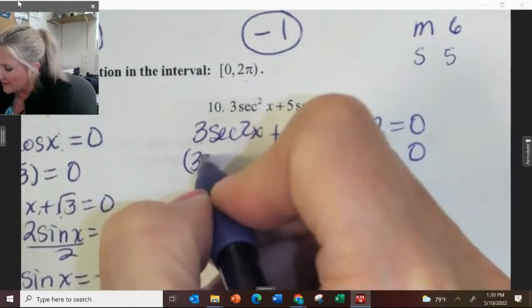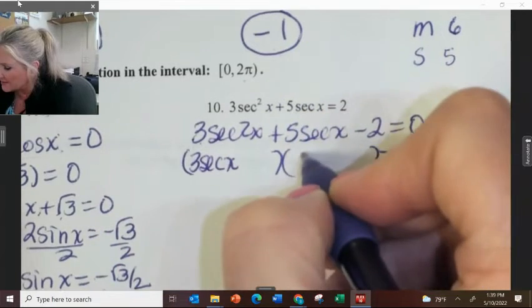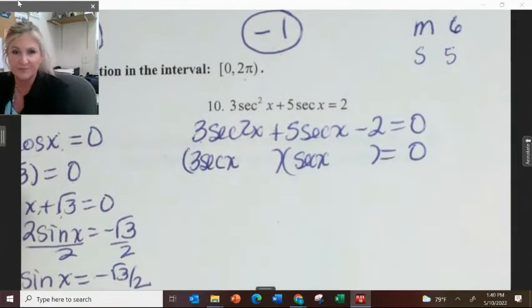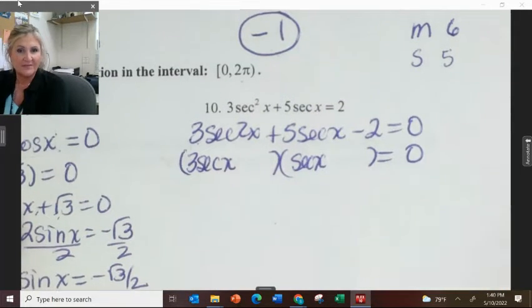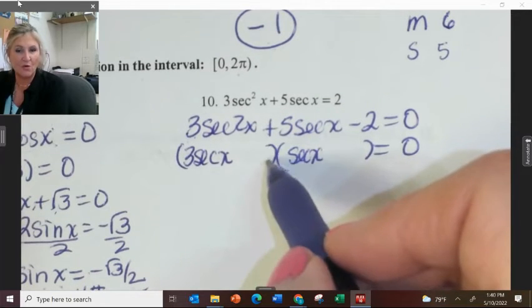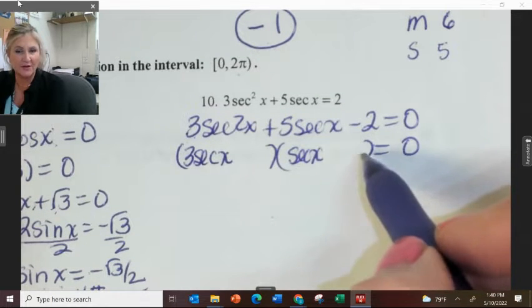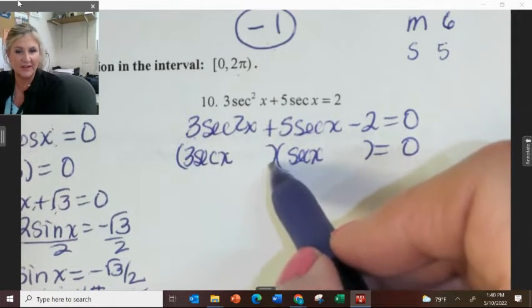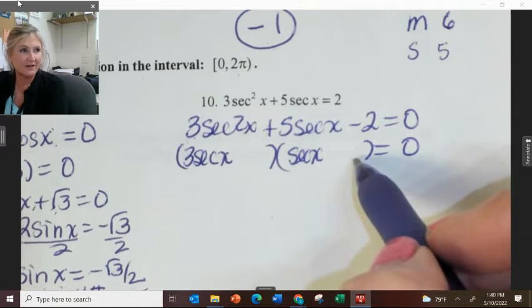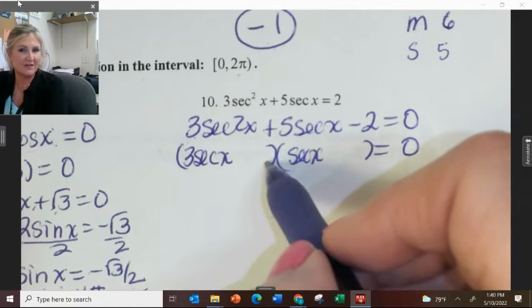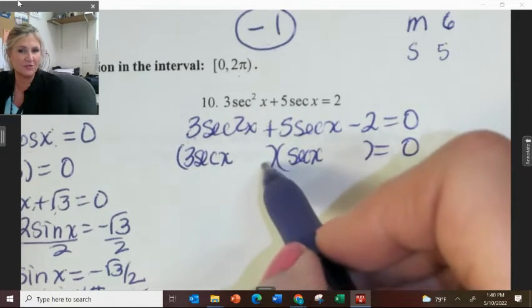So I'm going to have a 3 secant x and a secant x. Now, you can either have 1 here and 2 here, or the reverse, 2 here and 1 here. You have to decide. Do you want 1, 2, or 2, 1?